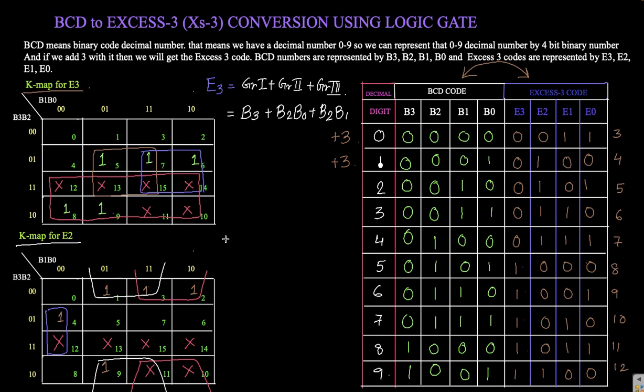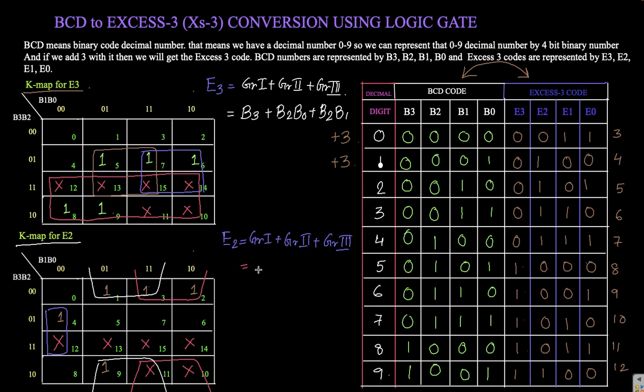Now for the expression of E2, it becomes again group 1 plus group 2 plus group 3. So considering group 1 first, red is the group 1. Here you can see, if you consider this column, then 1 and 1 are the same and 1 and 0 changes.